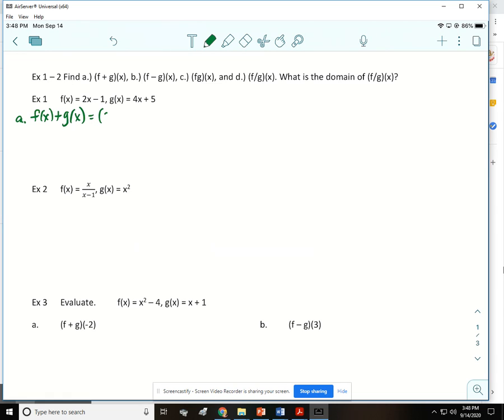So we'll take the f function, we're going to add the g function to it, and all we have to do is add like terms. So I'm going to add my x's together and get 6x. And then I'm going to add my constants, so -1 plus 5, and get 4. And that's it. We're done.